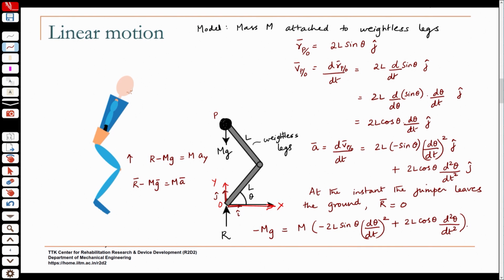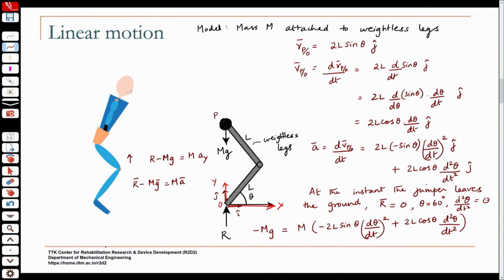Let us also say the initial condition, theta equal to 60 degrees, and let me say that the angular acceleration d square theta by dt square is 0. It is an initial condition.